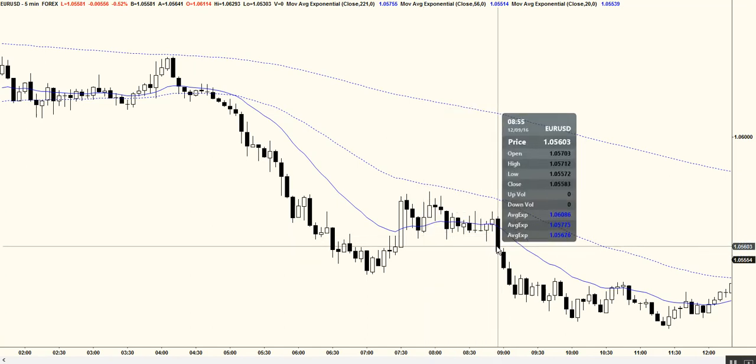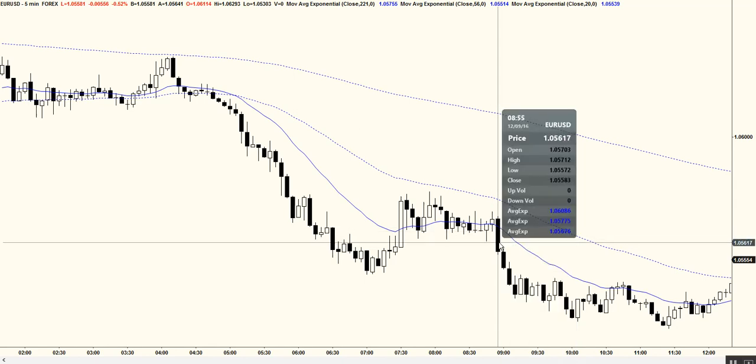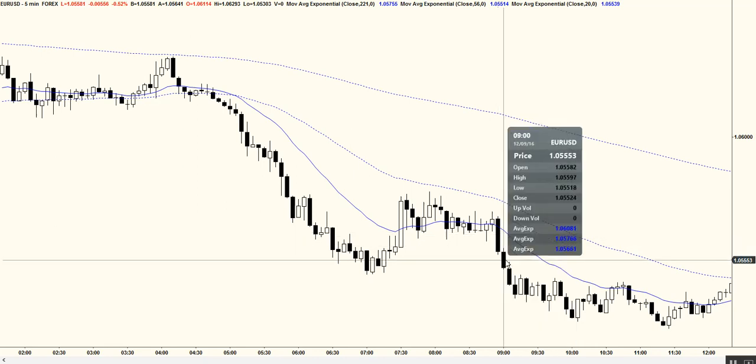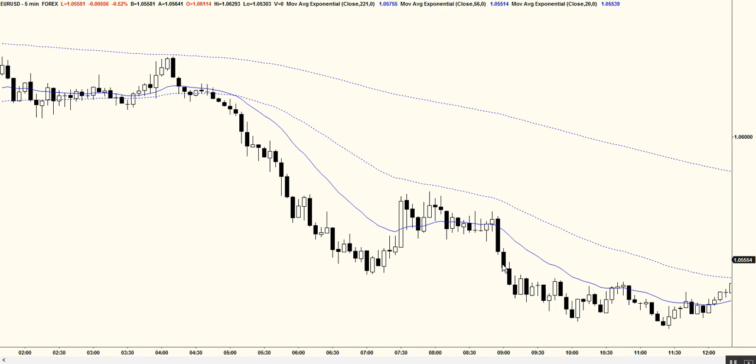Maybe here's 855. We see a bear bar. Okay, so these bars are fairly big. They're all almost the size of 10 pips.